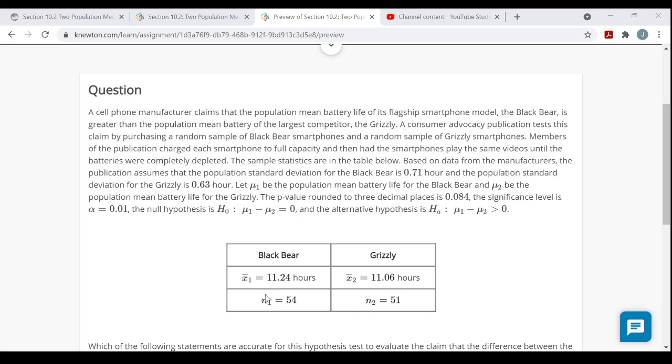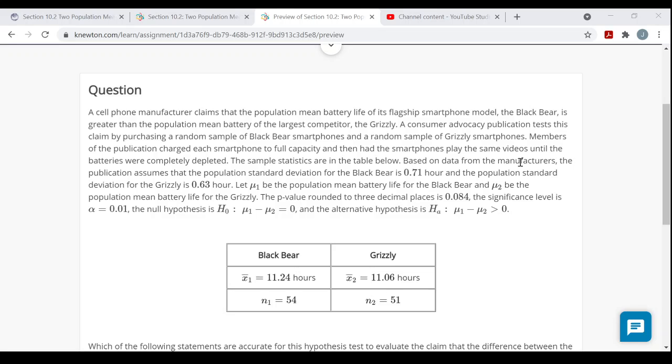There were 54 randomly selected BlackBerry phones, and their average battery life was 11.24 hours. There were 51 randomly selected Grizzly phones, and their average battery life was 11.06 hours.